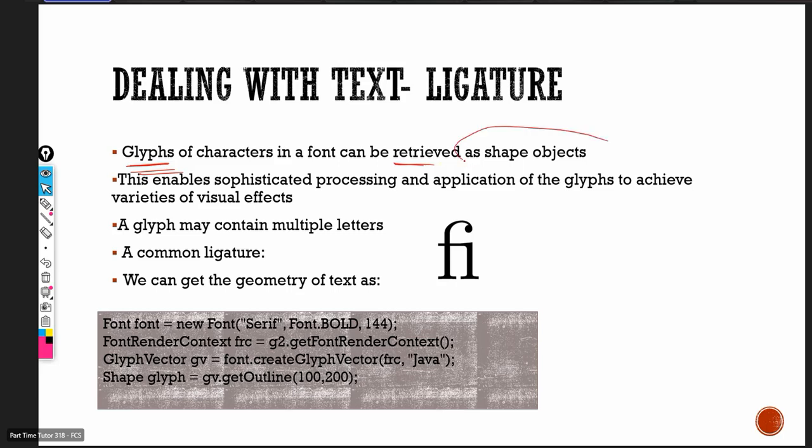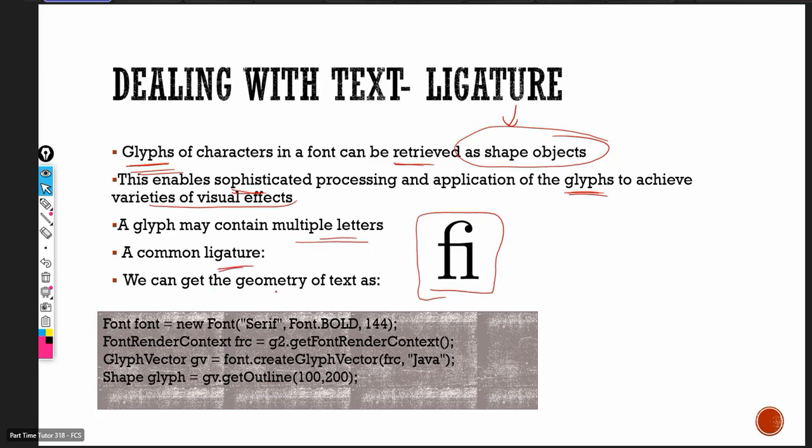So here you can extract the glyph, which is the outline of the text, and you can convert it to a shape. And once we have a shape, we can use this shape to treat anything. This enables sophisticated processing and application of the glyph to achieve a variety of visual effects. The glyph may contain multiple letters. Here, for example, we have a glyph with multiple letters connected together. Okay, so a common ligature.